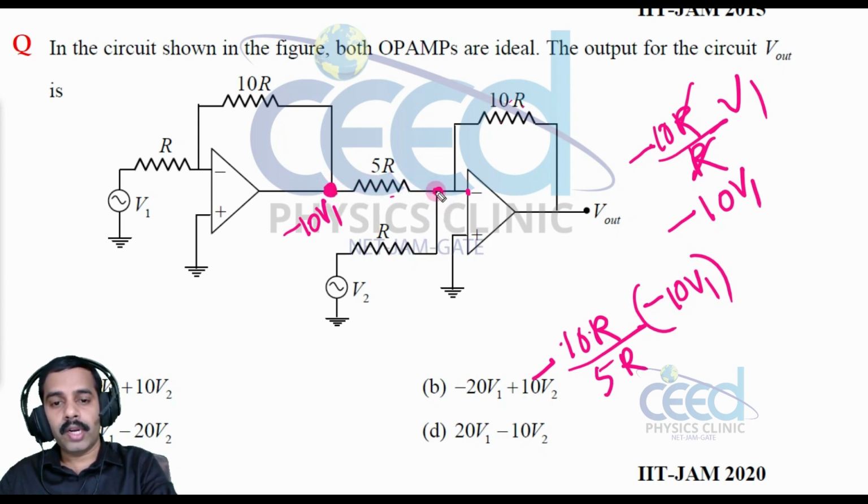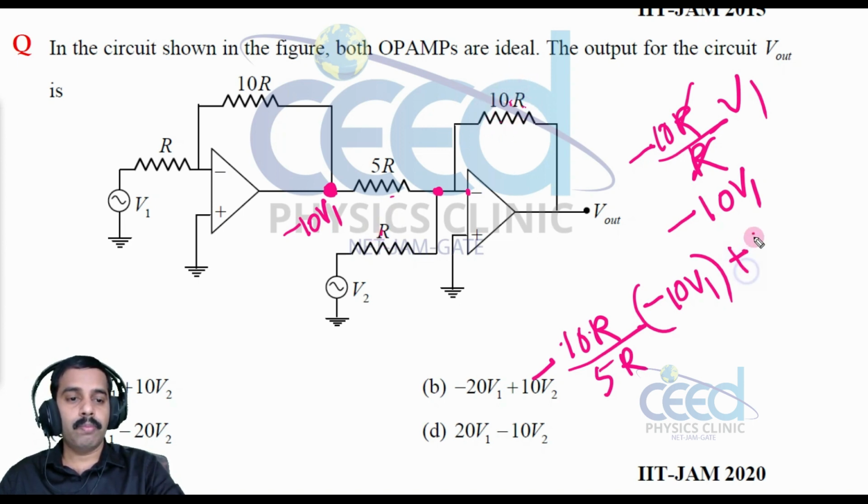And we have one more inverting terminal voltage, that is V2. Due to that, what is the output? Here the input resistance is R and the feedback resistance is 10R, so it is minus 10R divided by R into V2. Alright.